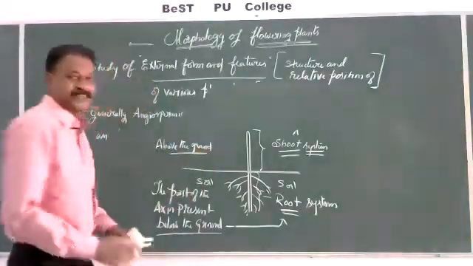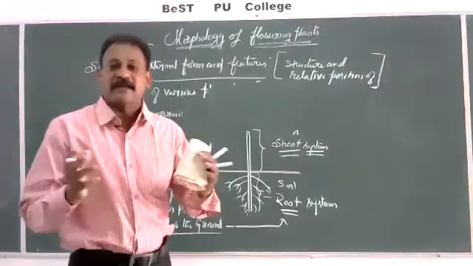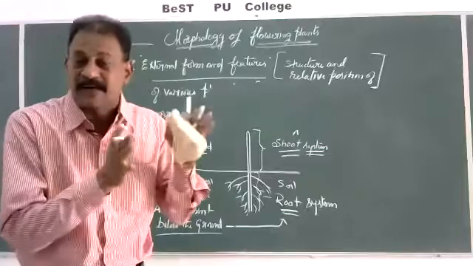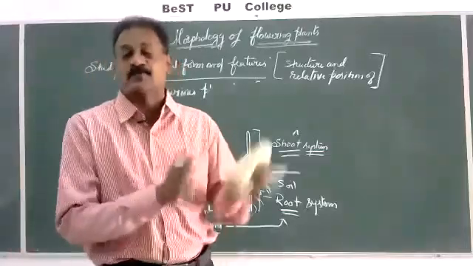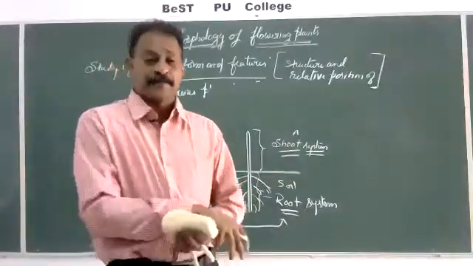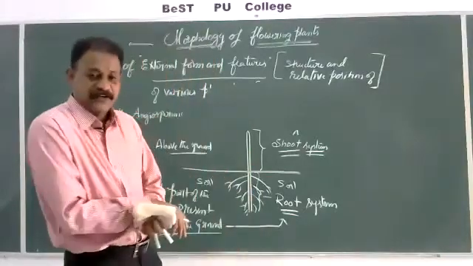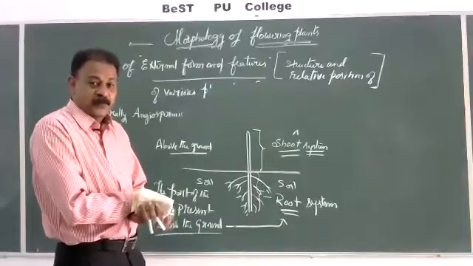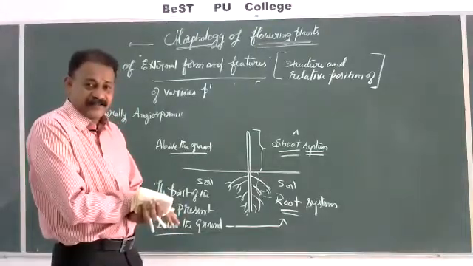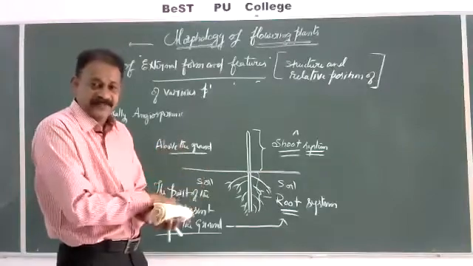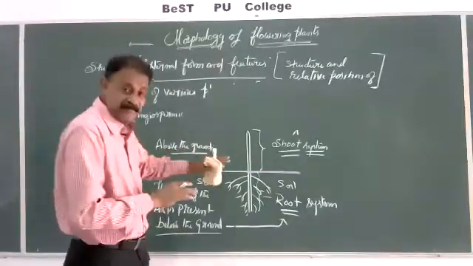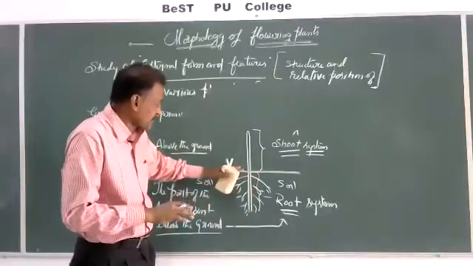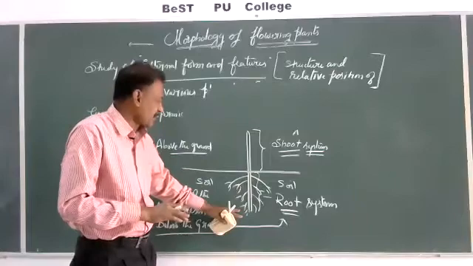So when a question comes like this, an angiospermic plant body or a flowering plant's body is divided into two fundamental parts, that is, root system and shoot system, based on their position with reference to the surface of the soil: above the surface of the soil, below the surface of the soil.